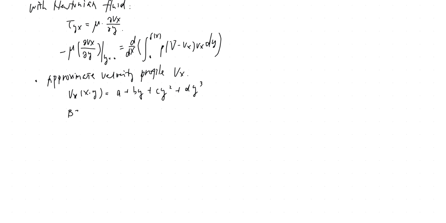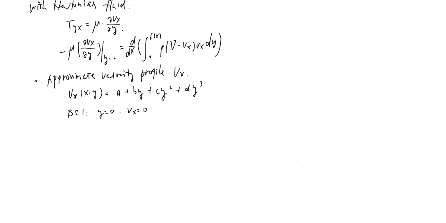Boundary condition 1 is at y equal to 0, Vx equal to 0. You may wonder, why don't we say Vy also equal to 0? Well, this is an equation in Vx. We approximate a velocity profile for Vx, so all the boundary conditions should have something to do with Vx.